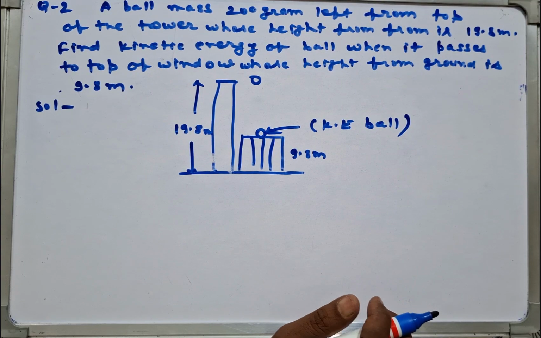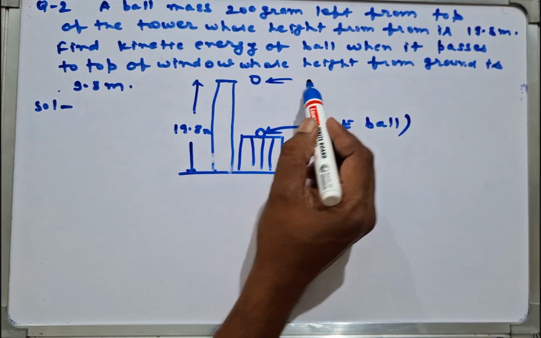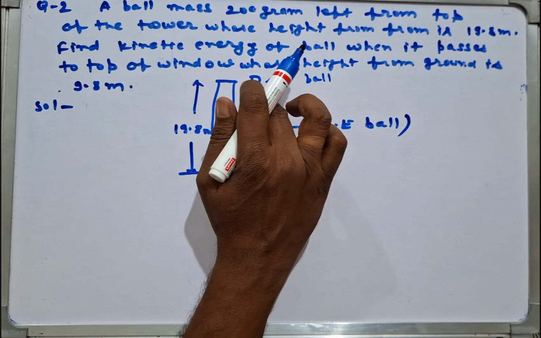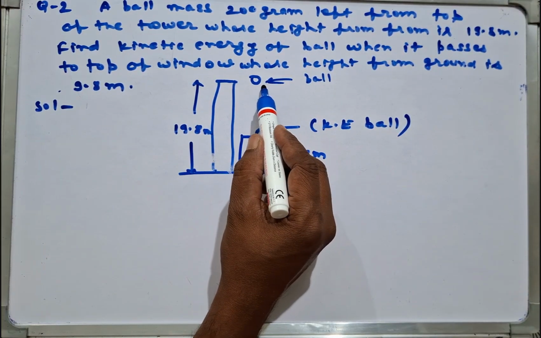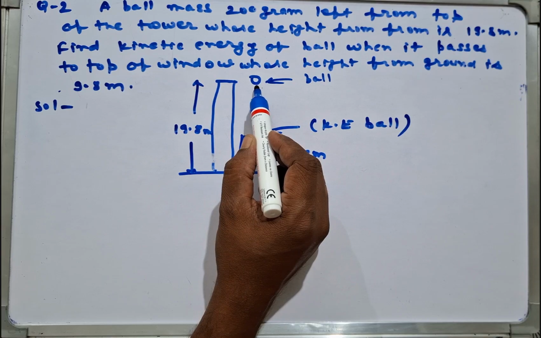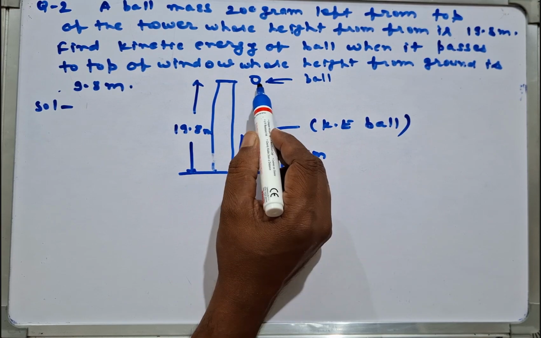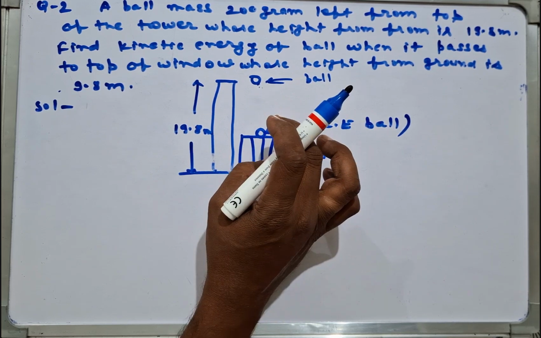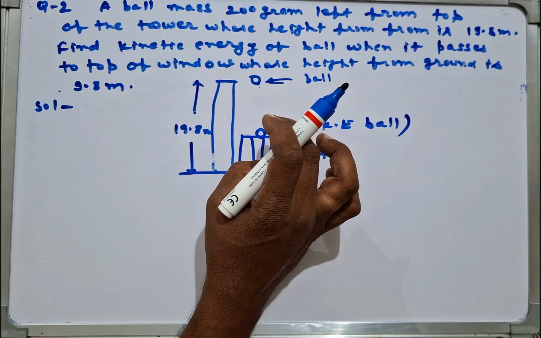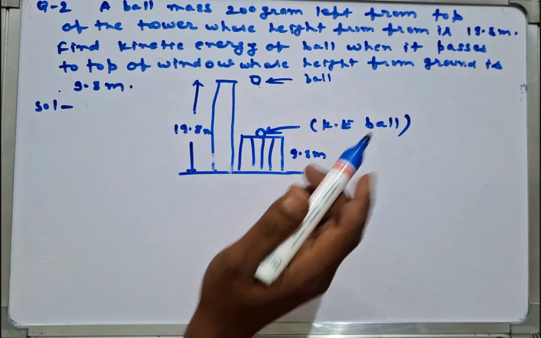So guys, here see, this ball is initially here, so what velocity it gained when it traveled from here to here. You first have to calculate the distance covered by this ball from here to here.